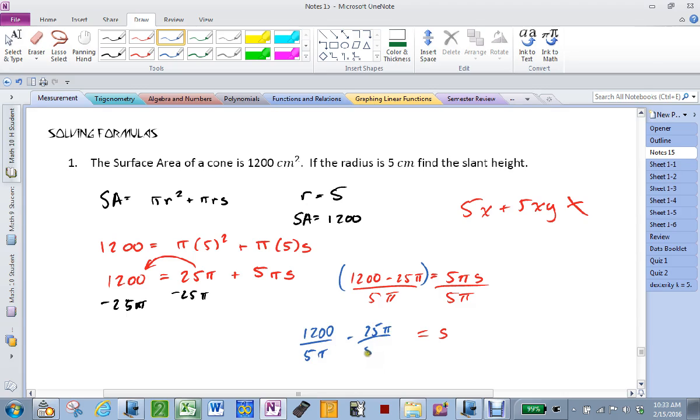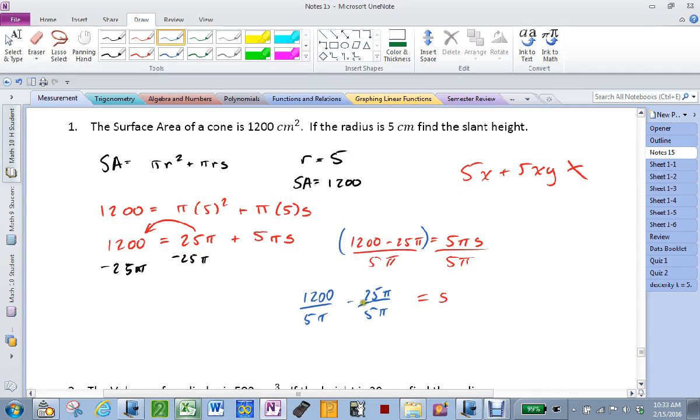25 pi divided by 5 pi. So over here, the pi's are going to cancel. 25 divided by 5 is 5, so minus 5, right? 1200 divided by 5 is 250.